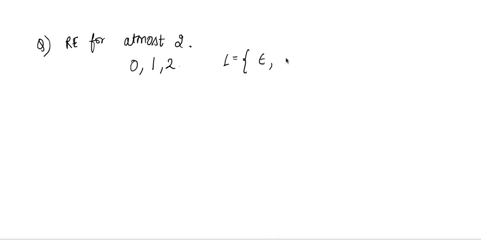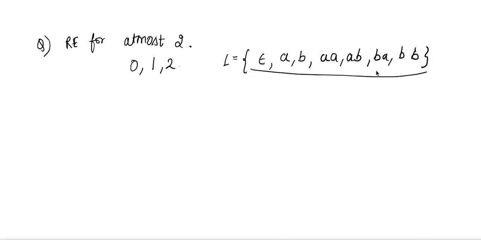The 0 length string should be accepted, or a 1 length string can be there, A or B, or a 2 length string can be there: AA, AB, BA, or BB. So by this we know that the language is finite.